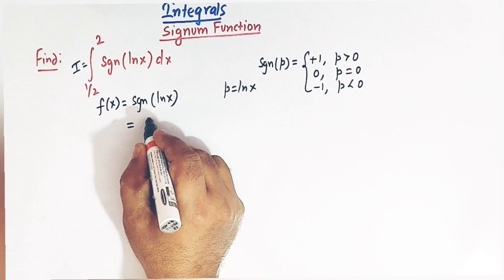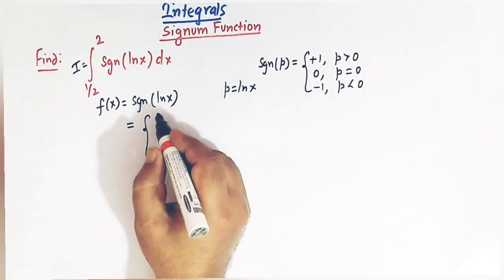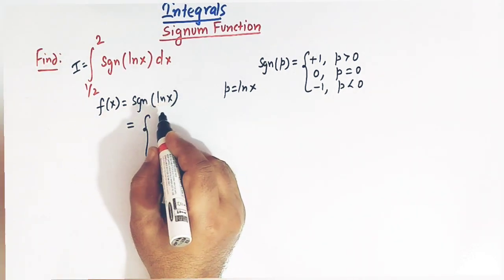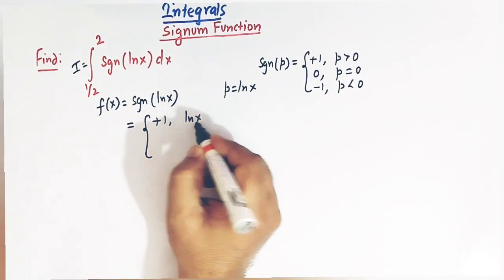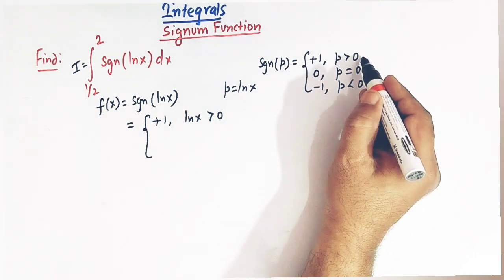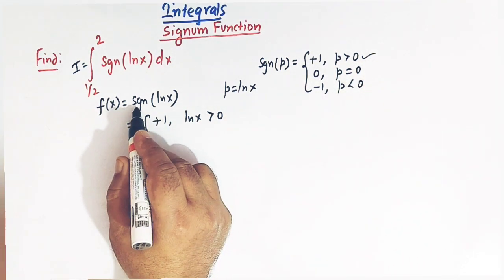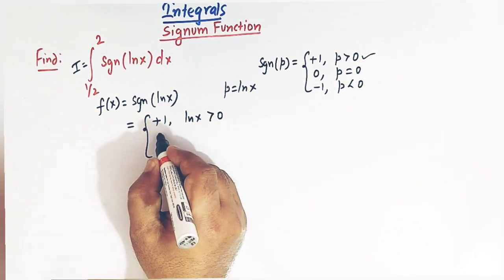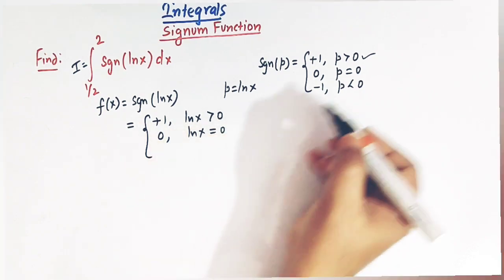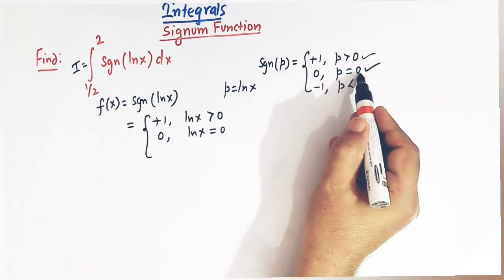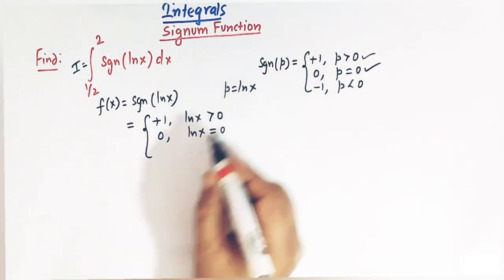So signum of log of x takes the value plus 1 whenever log of x is greater than 0. When signum of log of x takes the value 0, it means log of x should be equal to 0, so p is 0 and p is log of x.